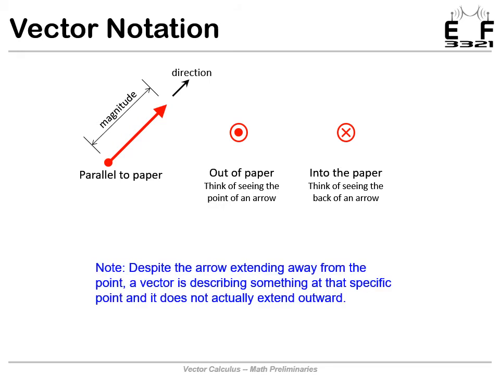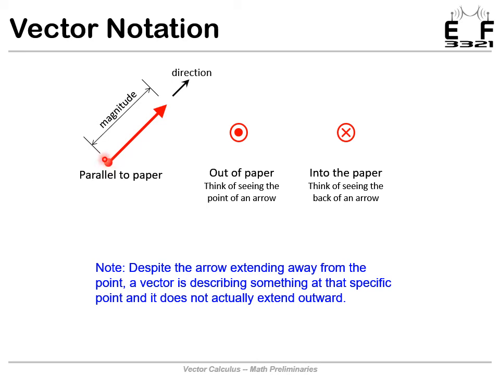And the last thing I'll point out, when we draw vectors this way, if you're new to vectors, this can be misleading because it seems to imply that even though we're talking about a vector at this point, something's happening at a different position over here. And that's unfortunate that this way of representing vectors does that, because we're not talking about something happening over there. We are talking about something happening at this point here, and that's it.